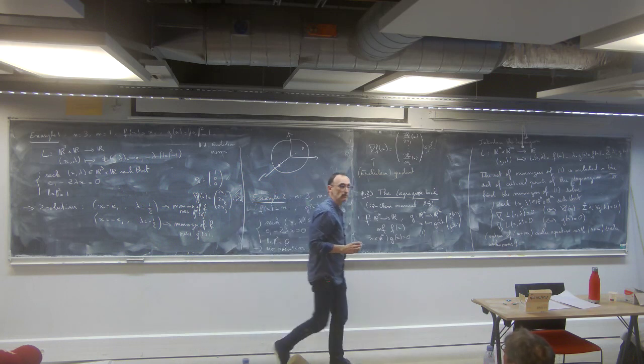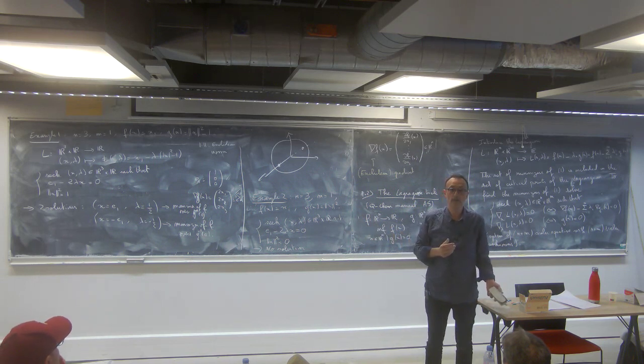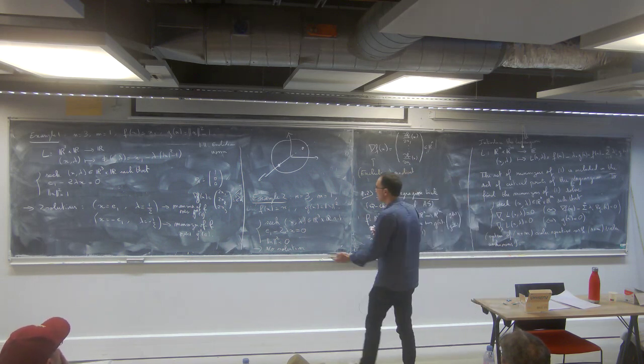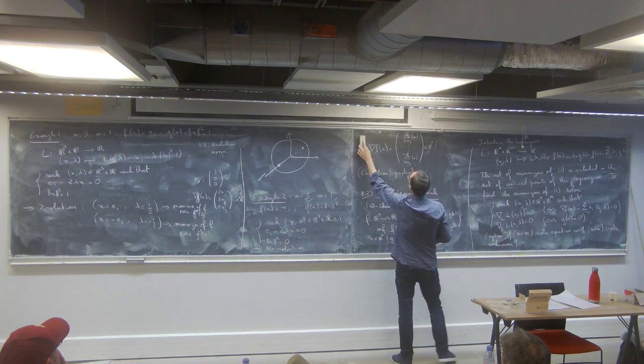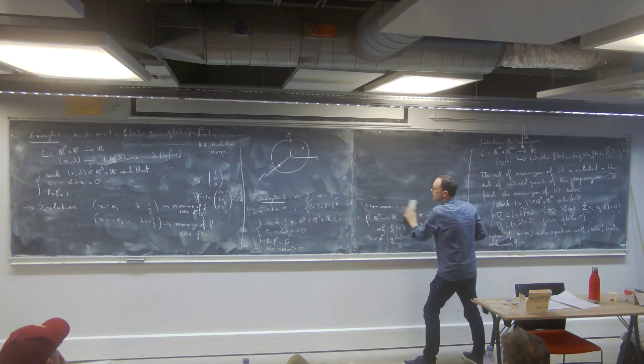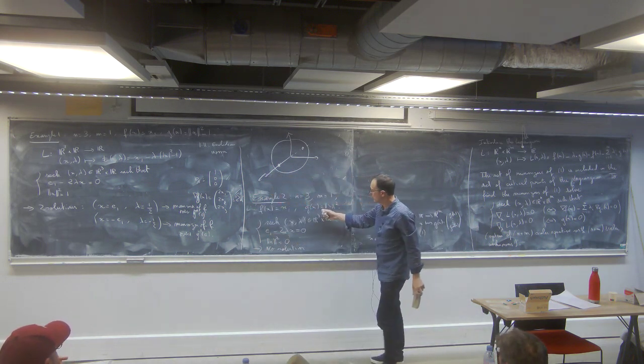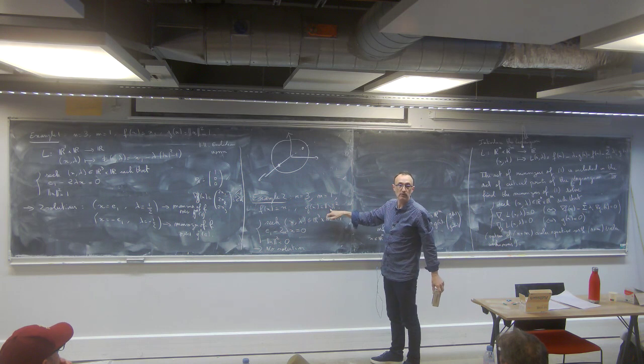But maybe it's still okay. Maybe it's just because the minimization problem has no solution. But the minimization problem consists in minimizing the function f over the set of x such that g of x equals 0. But I mean, I have someone in this set.